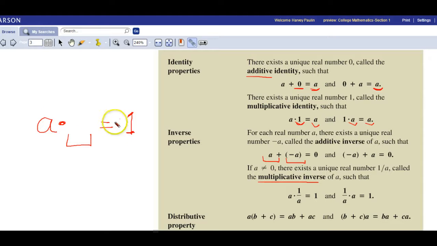Another word we use for this sometimes is the reciprocal. Now every number is over 1. We just don't write it. So the reciprocal, or the multiplicative inverse of something, is just to take this and flip it.